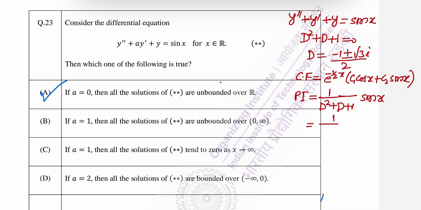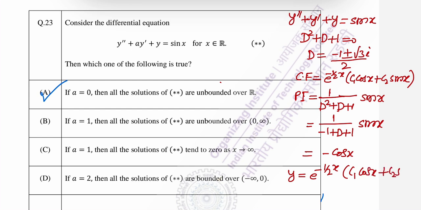So this will be 1 by minus 1 plus D plus 1 sin x, which is 1 by D sin x. It means we have to integrate sin x, so this will be minus cos x. So the complete solution will be y equals to e to the power minus half x into c1 cos x plus c2 sin x, minus cos x.